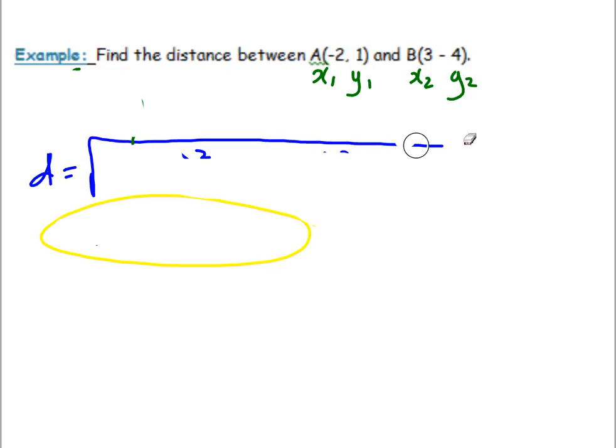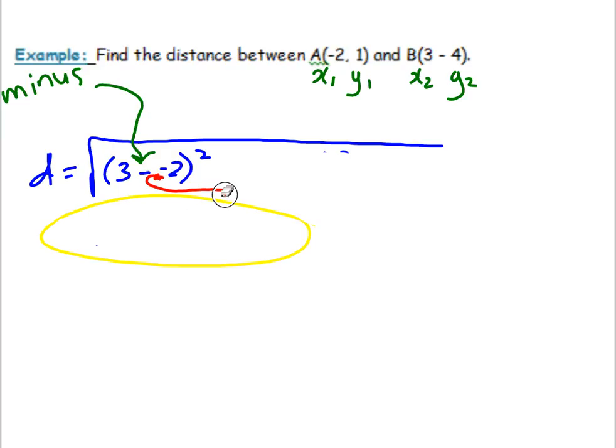So x2 minus x1 will be 3 subtract negative 2. So I'm just reminding people, by doing this, I'm saying that this is the subtract and this is the negative button. There we go.